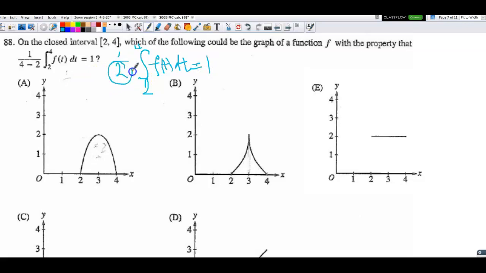Now I can multiply that 2 to the other side and say what I'm really looking for is the graph that has a net area from 2 to 4 underneath of the curve of f of t. And if I multiply both sides by 2, then I get an area of 2.